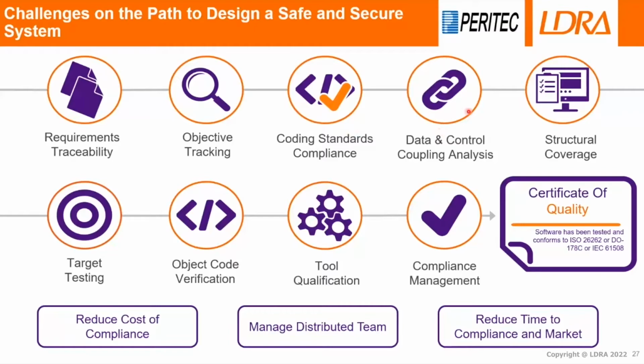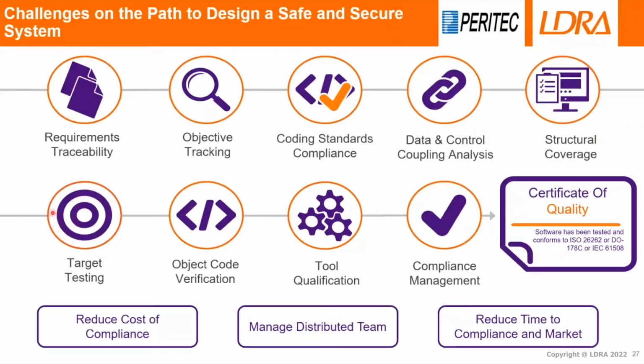Data coupling and control coupling analysis, for higher safety integrity levels like ASIL level 3 or ASIL level 4, you need to ensure this analysis is performed and you are able to demonstrate it. Structural coverage, including statement coverage, branch coverage, MCDC coverage, needs to be analyzed and it has to be 100%.